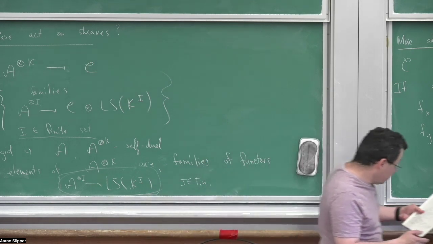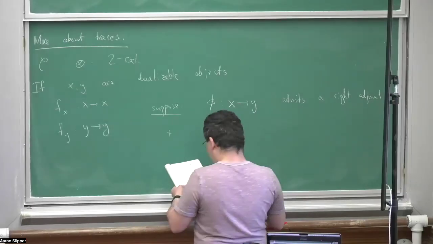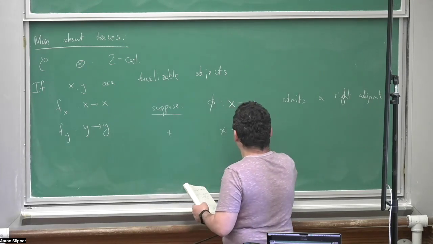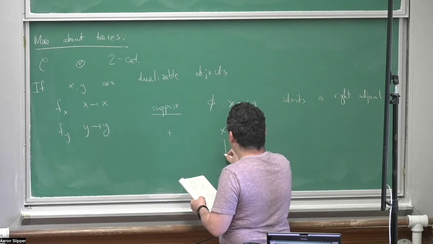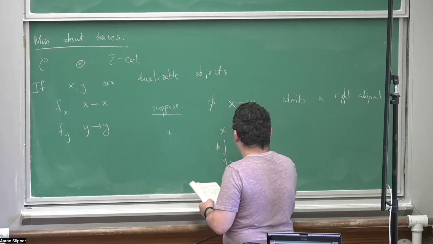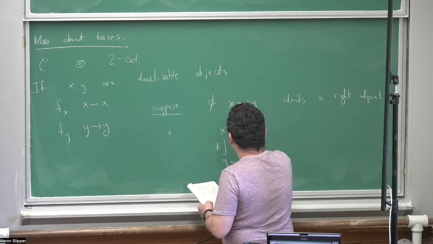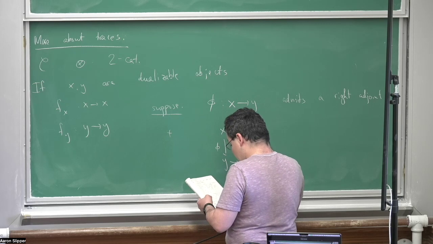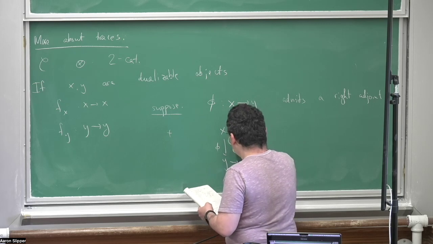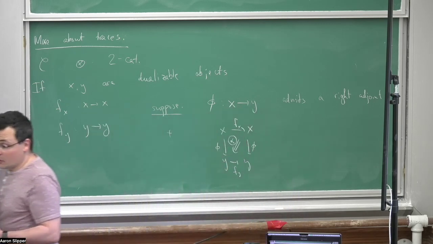So you have X and Y, and you want 2-morphisms in this direction.